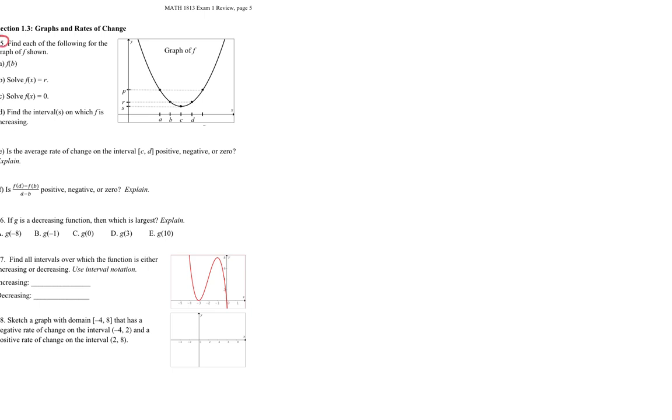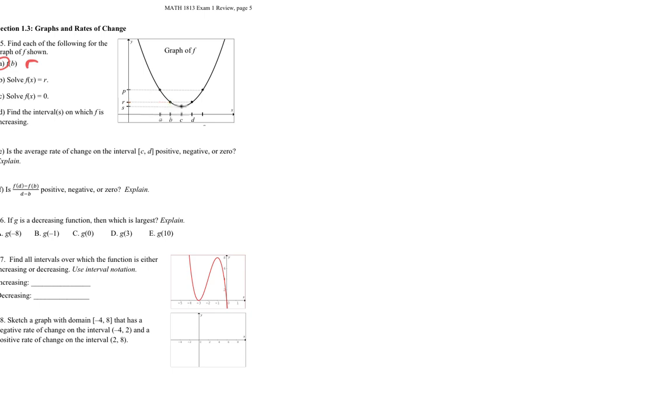Okay, so number 15 now, and we're going to start with part A. For part A, we're finding f of b. So f of b is going to be the y value right here, which corresponds to r. So f of b just equals r.